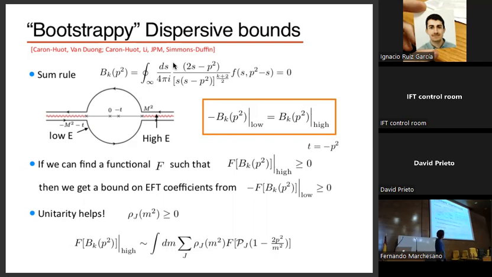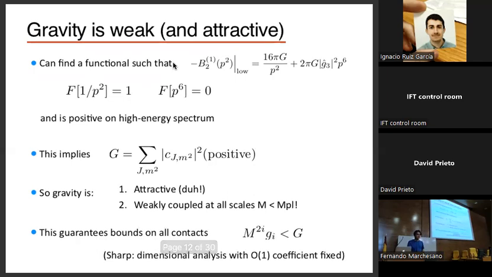And if we can find any operation that is positive on the high energy, even though we don't know what that non-perturbative contribution is, we can translate it into a property of the low energy coefficients. And of course, this is thanks to unitarity, the fact that these spectral densities are positive. I explained this in a lot more detail in my Swampland seminar.